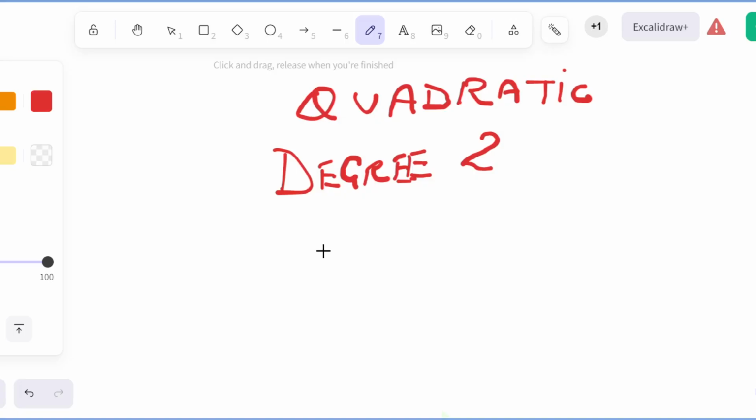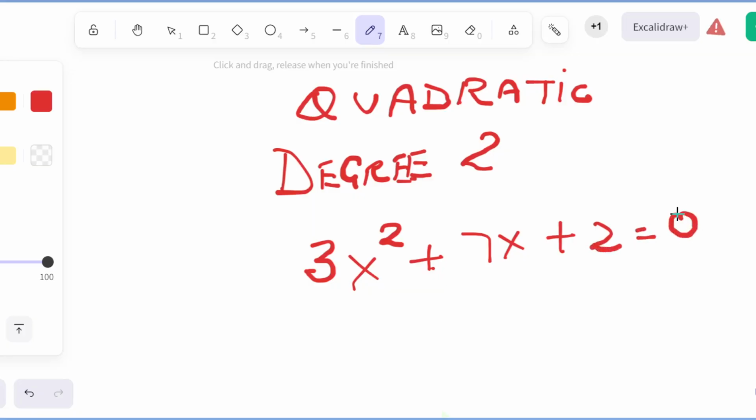For example, if I write 3x square plus 7x plus 2 equal to 0, right? Is it a polynomial?